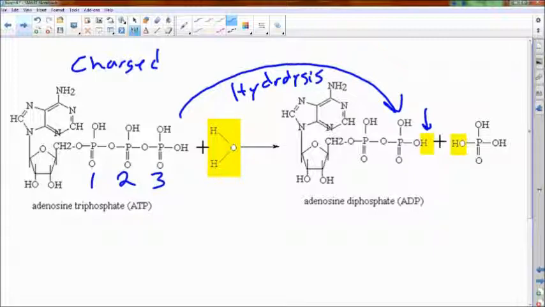Remember, hydrolysis means splitting with water. So by adding a water molecule, we split those things apart. So if a cell needs to use up some energy or needs an energy source, we take a water molecule, we split the ATP molecule, and during that, energy is released. When we want to charge up that molecule and put it back into its ATP state, then we just have to remove a water molecule.